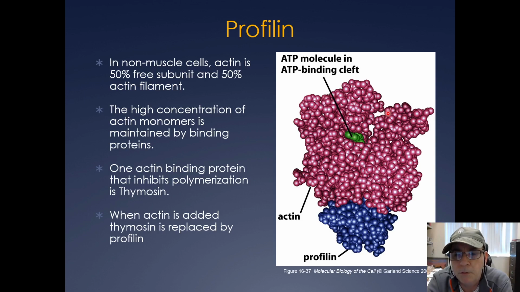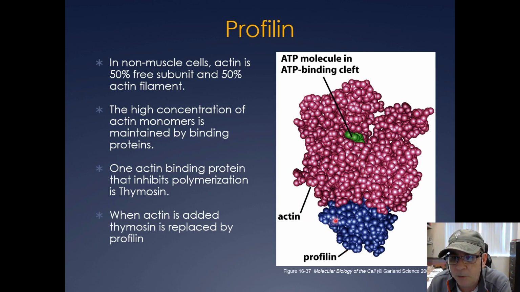Another set of proteins that helps the growth is this protein called profilin. In non-muscle cells, about 50% of the actin is free subunit, and 50% is in an actin filament. And the high concentration of free subunits is maintained in the cytosol by this protein called thymosin.